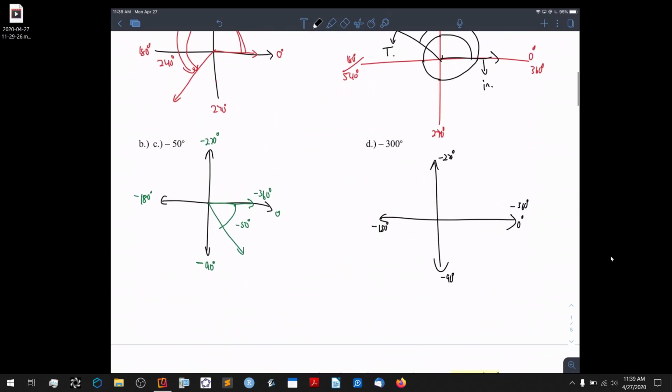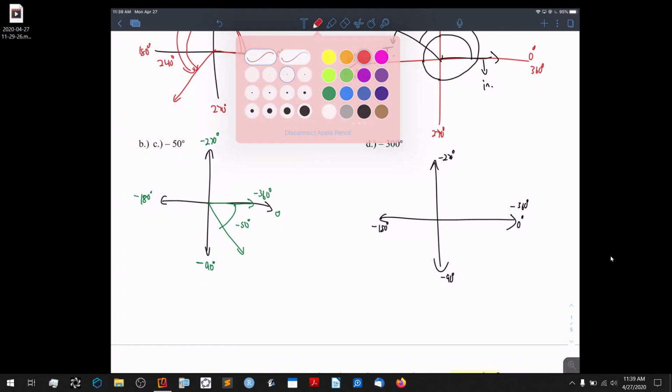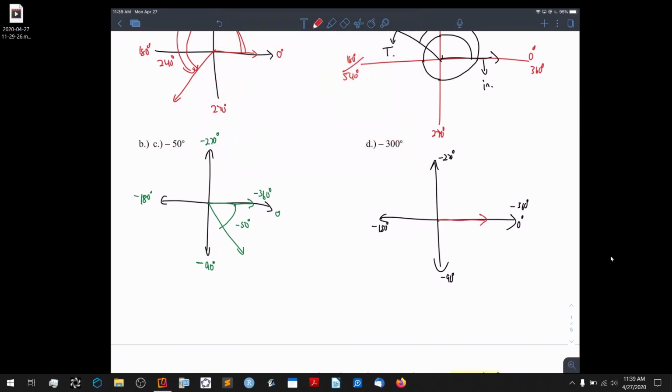So I start here, and I go there. Here's my initial side. My angles are negative, so I'm going clockwise, and I go all the way to here. And so this angle all the way around is negative 300 degrees.